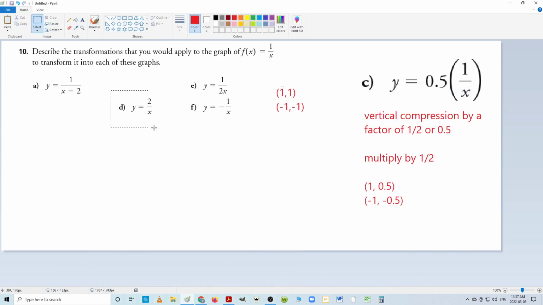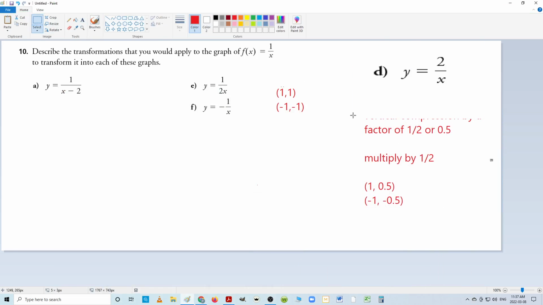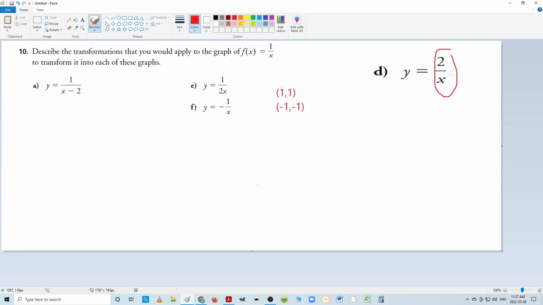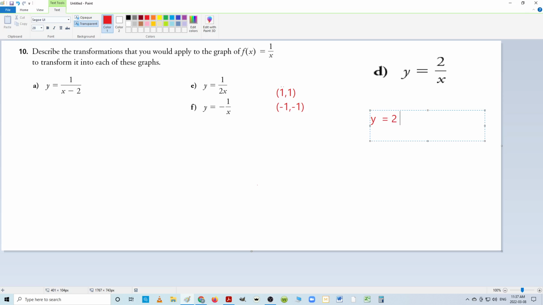What's going on with this one? Well, this one's harder to see because of how they've written it. But really what's going on is you might be tempted to say, oh, this is related to the x because it's over the x. But it's not really. It's the same as this, and this is how they should have written it. It's just the expanded version of that.